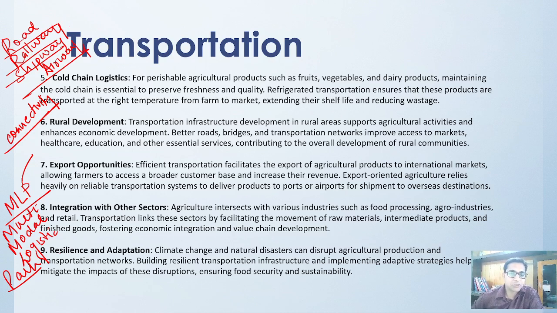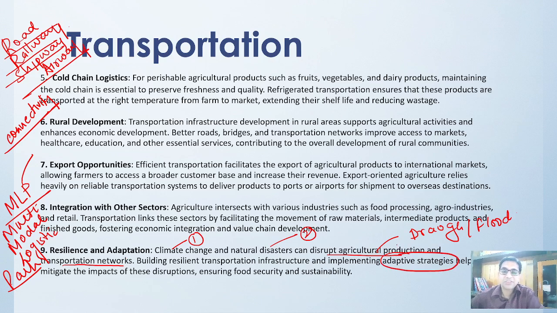Then transportation also helps in resilience and adaptation. Like we know that climate change is not a recent phenomenon. It is a phenomenon, and it is a reality. Natural disasters are happening. Agriculture disruption is happening because of drought, because of flood. Anything can happen. So a transportation network is very important in order to help with any of these things and mitigate any type of them. Transport helps in achieving adaptive strategies.